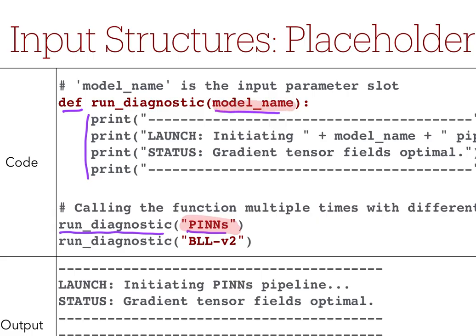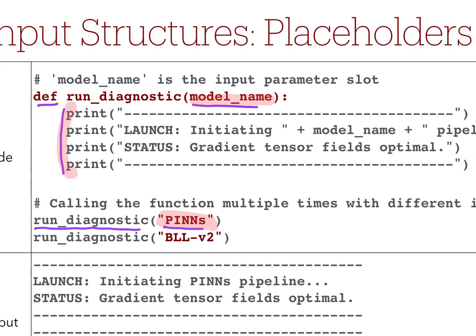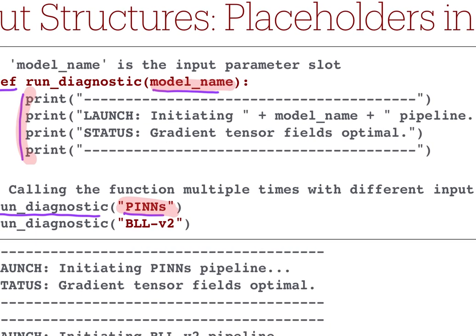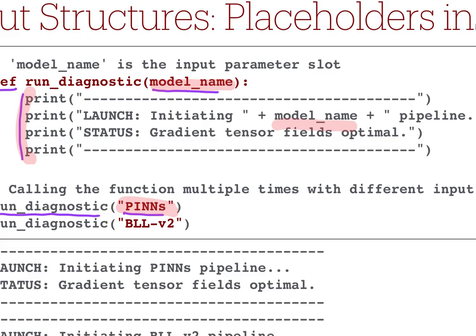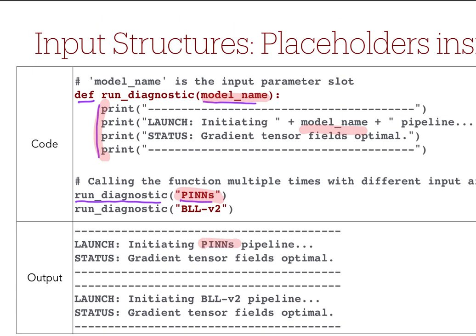Model name is a parameter, that is a placeholder. When this function is called with pins, that value, pins, will be given to the variable model name. Model name will receive that value from the user, and then it will perform these statements. So when model name is printed, pins will be printed on the screen.